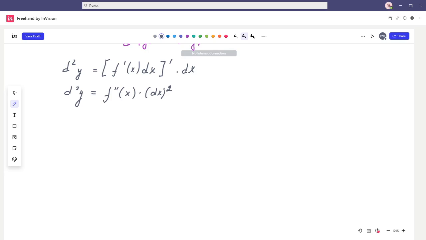When writing the degree of a differential, it is common to drop the bracket.